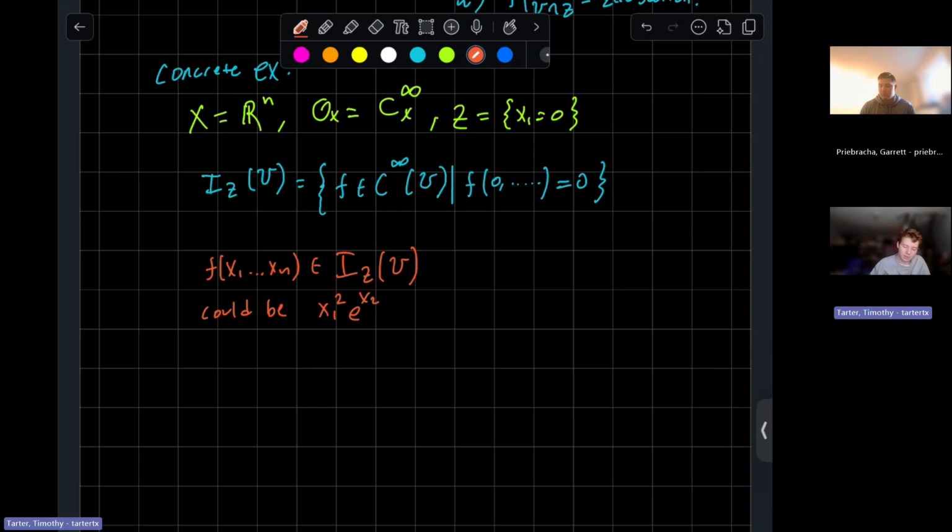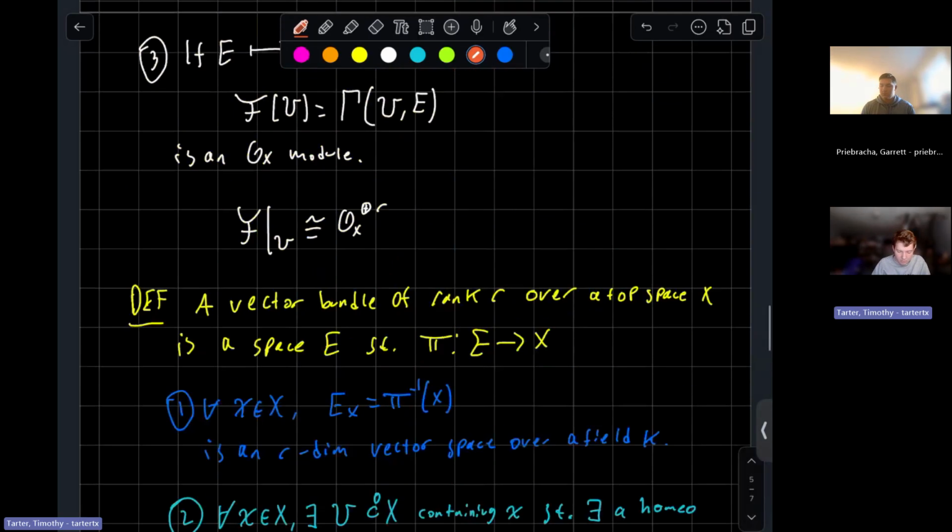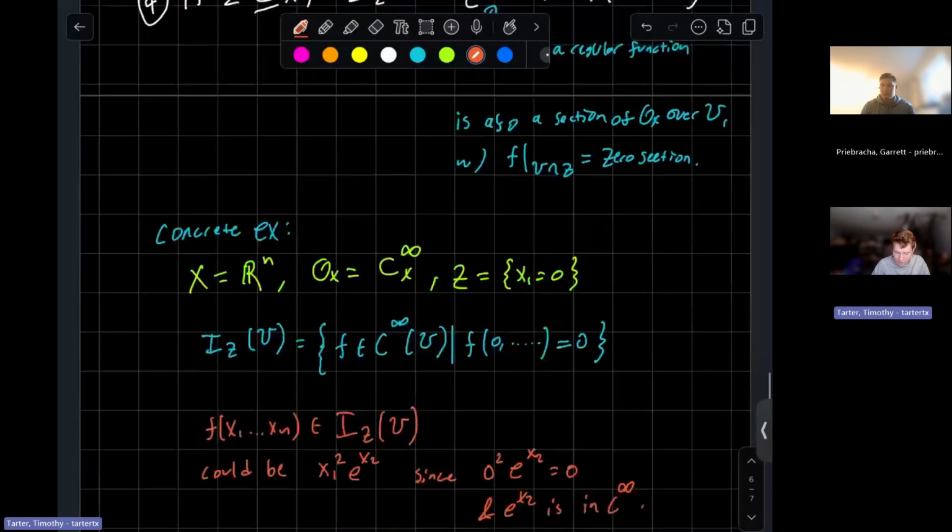Does that make sense? Yeah. x1 squared e to the x2 is equal to 0 on Z, and e to the x2 is in C infinity.